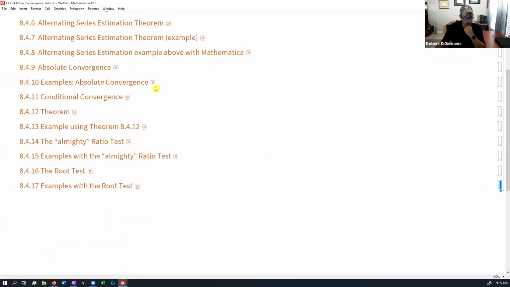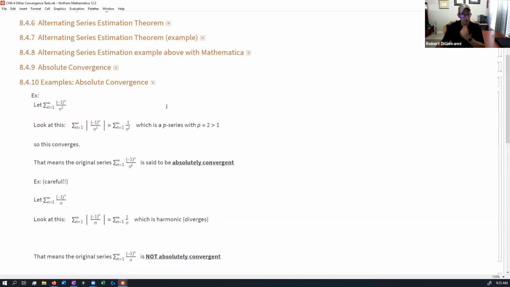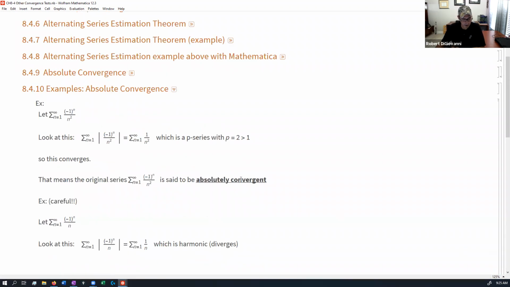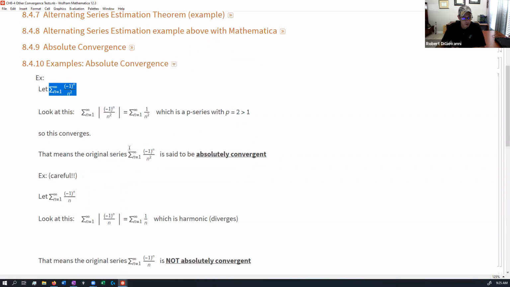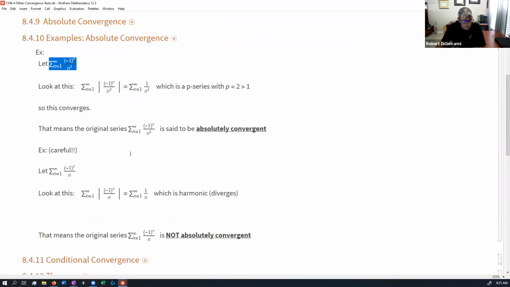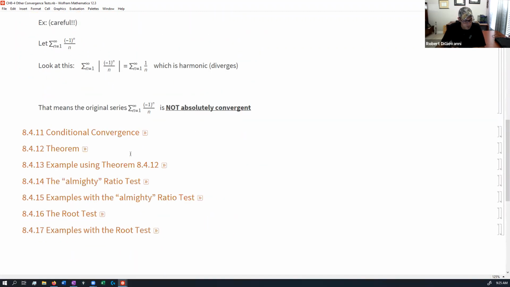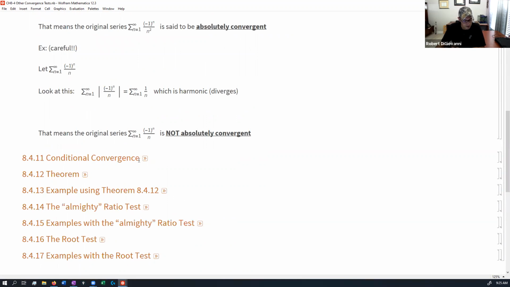Okay, so now this example that we just did. Hopefully y'all can see that. Let's go a little bigger here. Sorry, I hit the wrong button. Here we go. This is what I meant to hit.